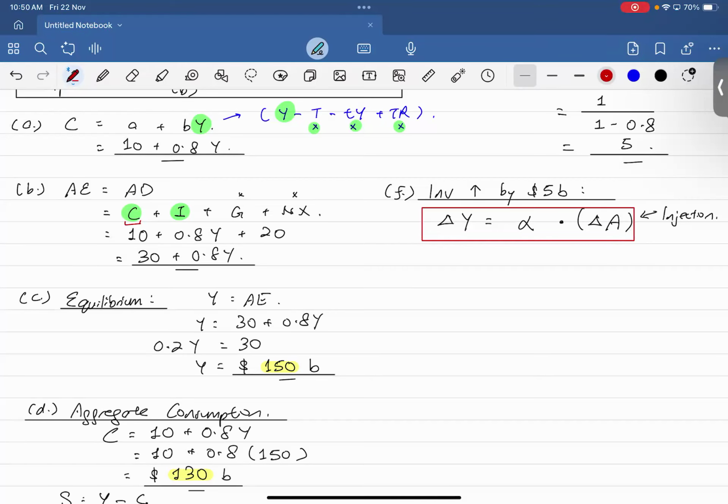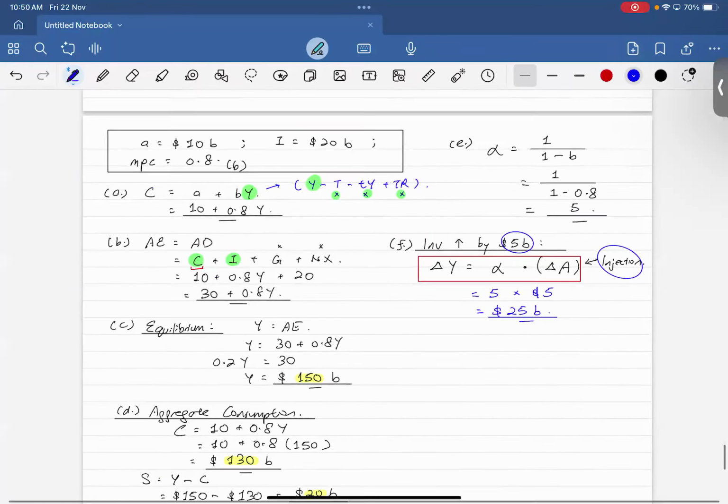Therefore, the multiplier is 5, and the injection is 5 billion. So the output will increase by 25 billion. That's the change in output.